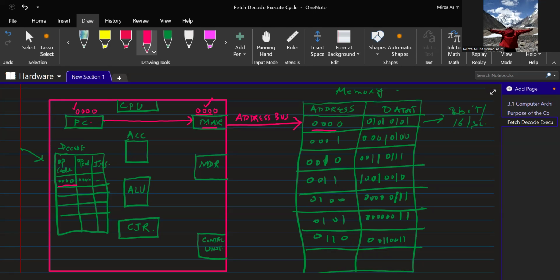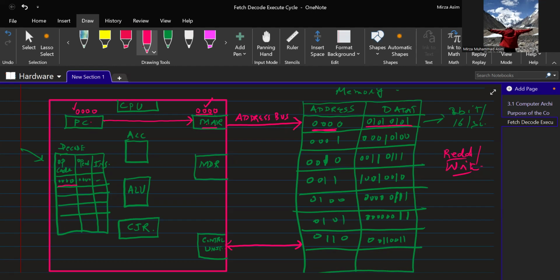The control unit makes sure what is happening: either the data is going to be read from the memory or written. What should be the operation? So the control unit sends a signal to read the data. This is the address and this is the data or instruction.